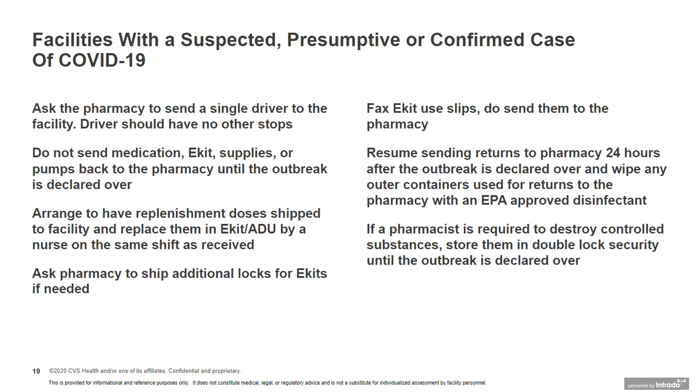If you have a pharmacist that is required to destroy controlled substances in the state in which your facility is settled, store them in double lock security and try to extend the interval that the pharmacist has to come there. So if the pharmacist is coming every week, determine if they can come every 3 weeks or maybe once a month.